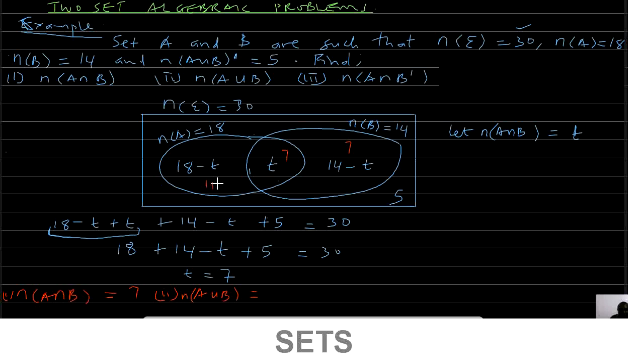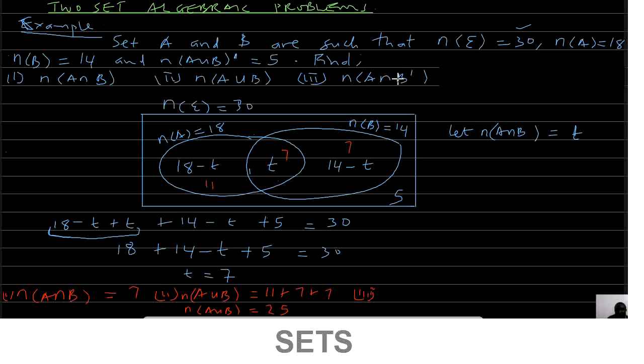So this is going to be this 11 plus 7 plus this other 7. When you add, you get the number of elements in A union B as 25.